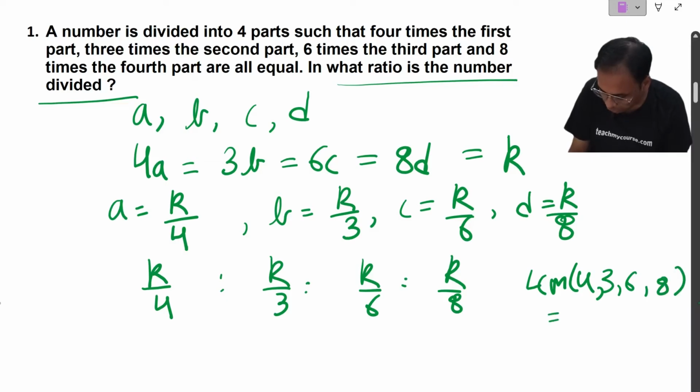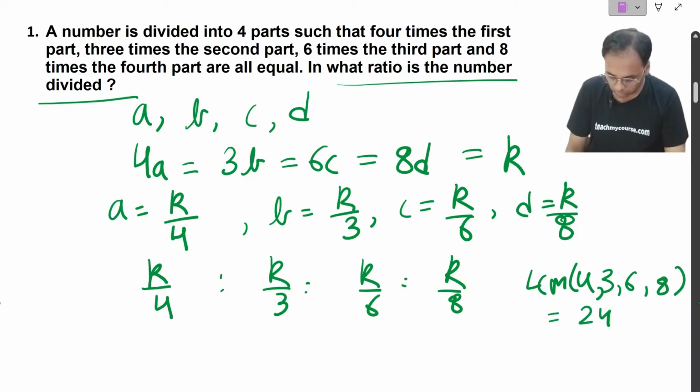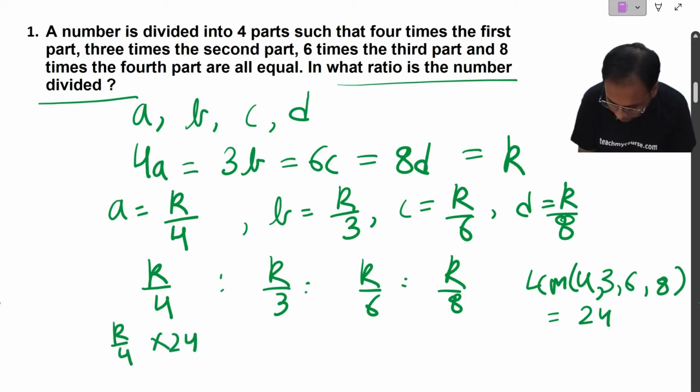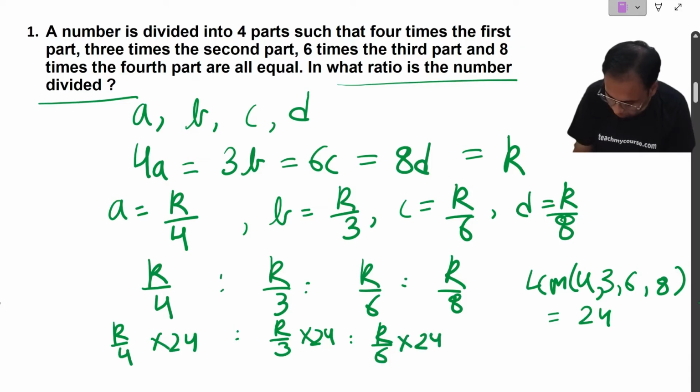It is 24. So let me multiply all these ratios with 24: k by 4 into 24, then k by 3 into 24, k by 6 into 24 and k by 8 into 24.